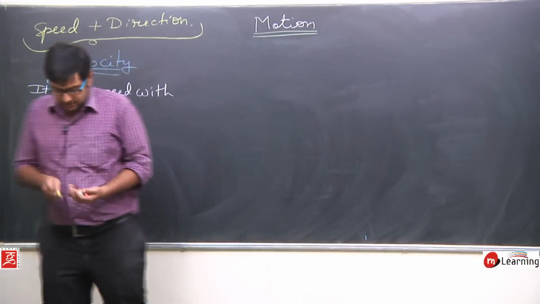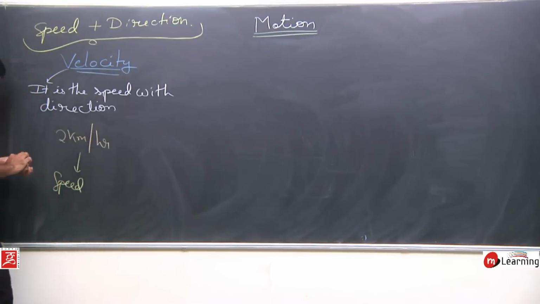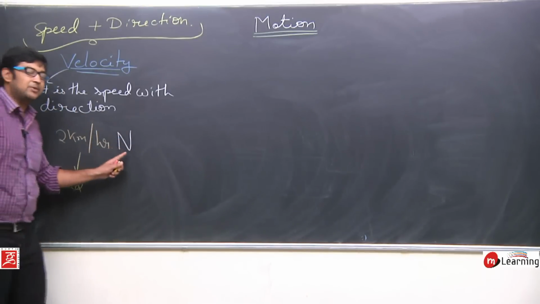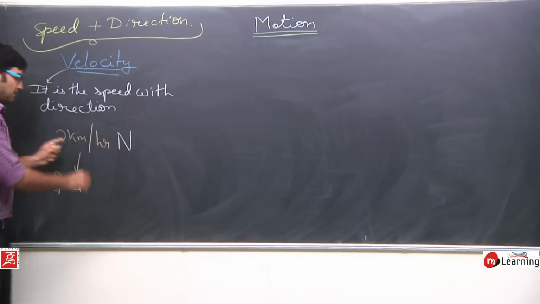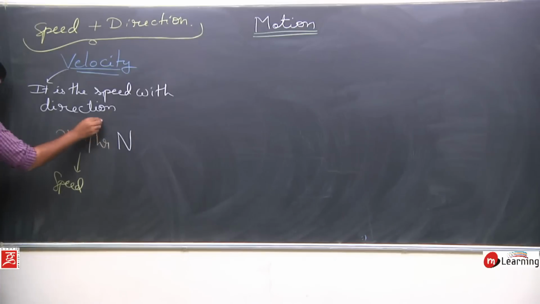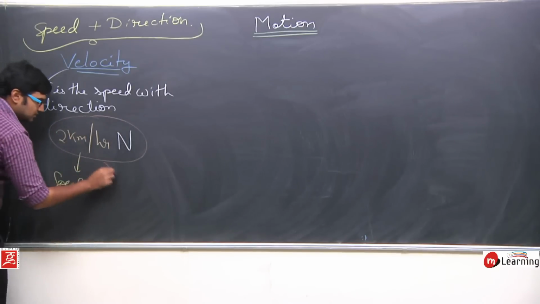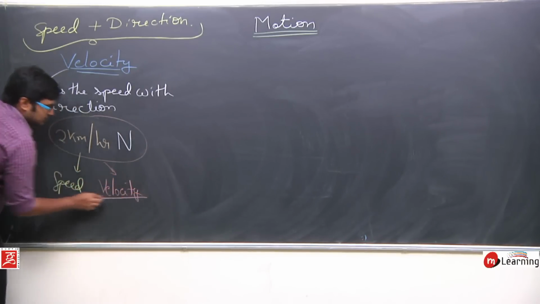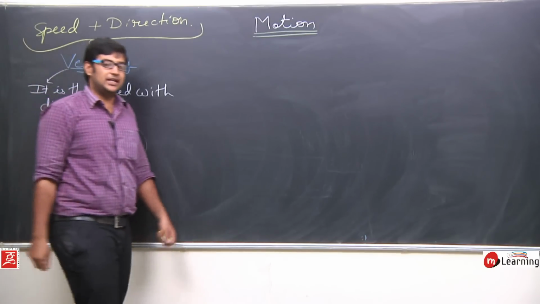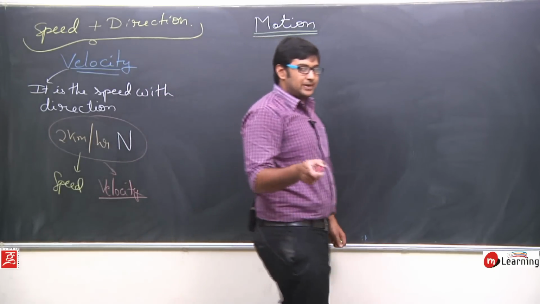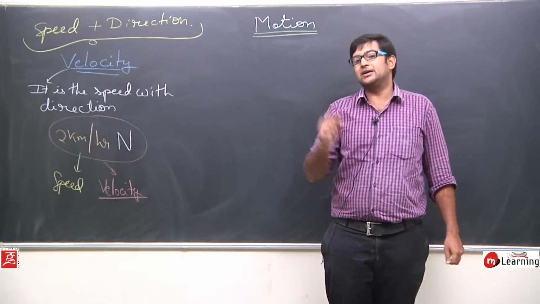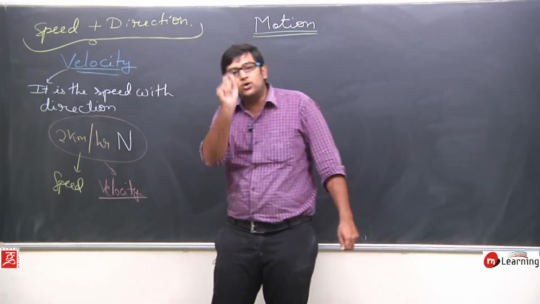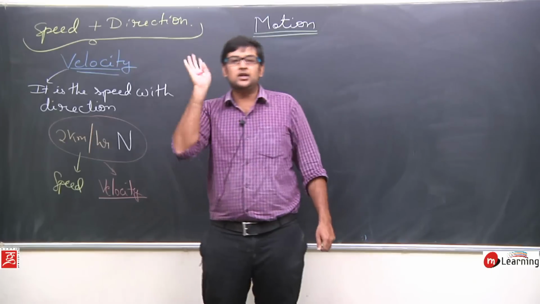But if I write 2 kilometers per hour and then include, let us say, N, where N represents north, this complete quantity becomes velocity. So velocity is simply speed with direction. In simple terms, it is speed with direction, that's it. This is the only difference between speed and velocity.